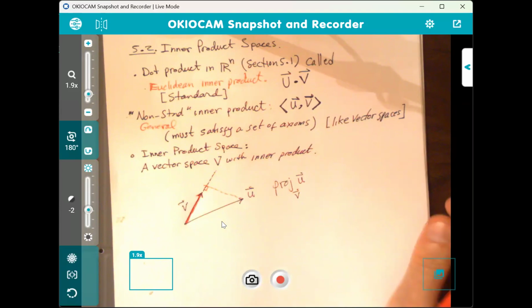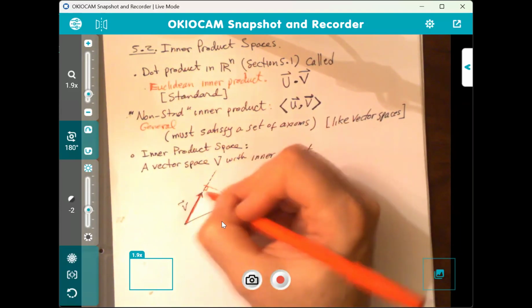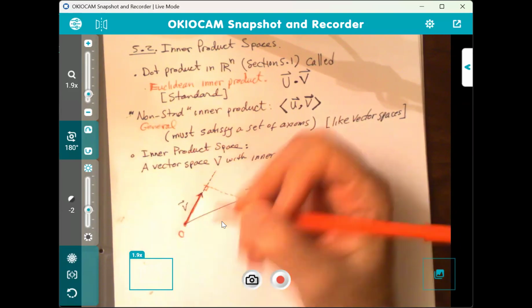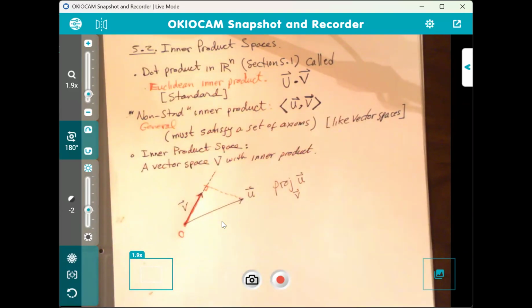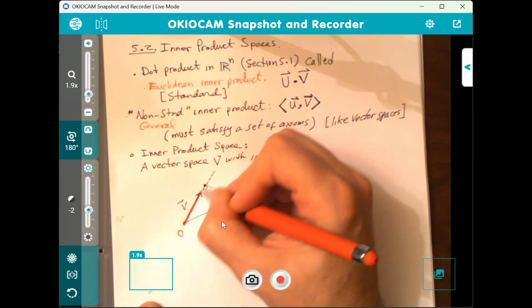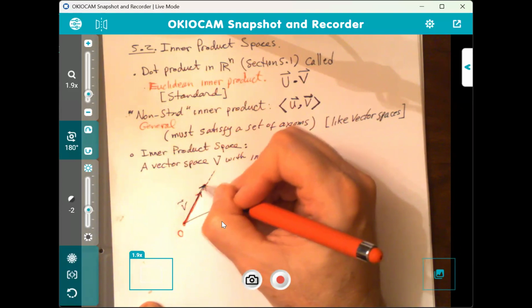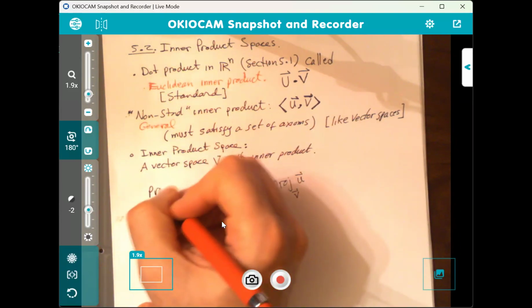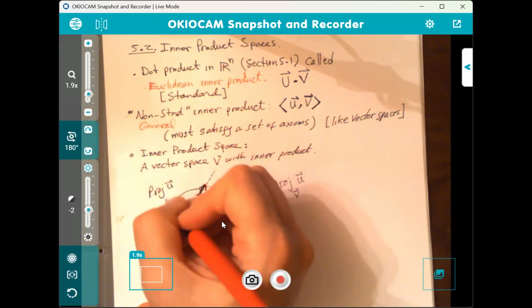Perpendicular. So this vector that goes from O to the projection, the whole thing, this is what the projection of u onto v is.